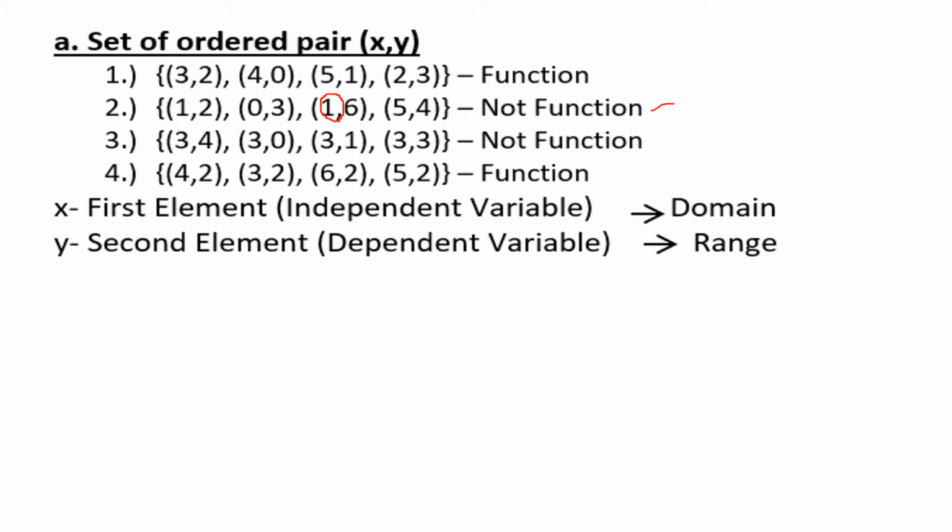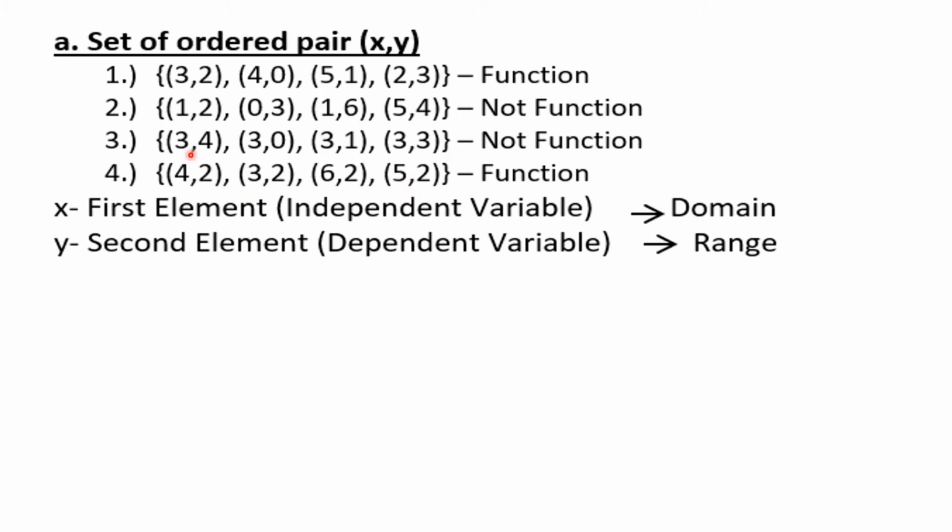Now let's proceed to example number 3. Our input here is 3, then the output is 4. Our input is 3 again, then the output is 0. Input is 3, the output is 1. The input is 3, the output is 3. So why is it not a function?